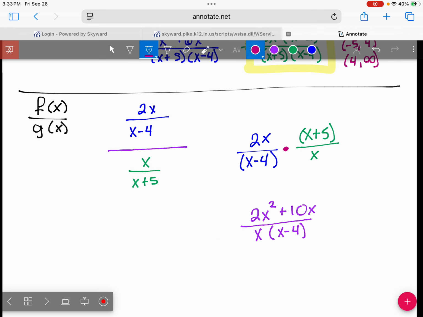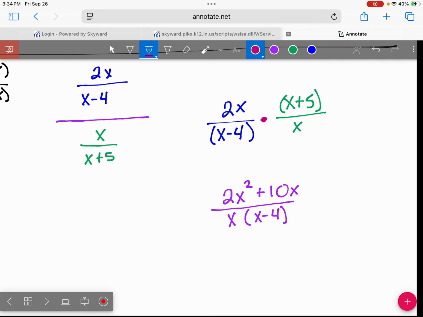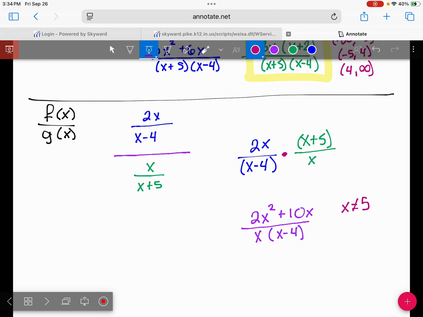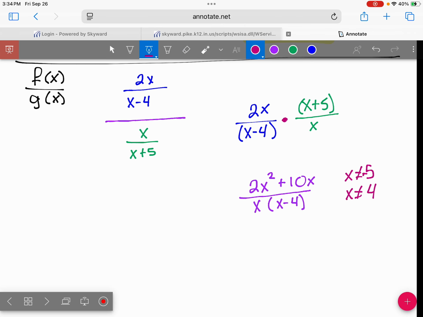So when we're thinking through our domain on this piece, we already know from the domains above that we cannot have x equals negative 5, and we cannot have x equals 4. But in fact, we have another piece here.